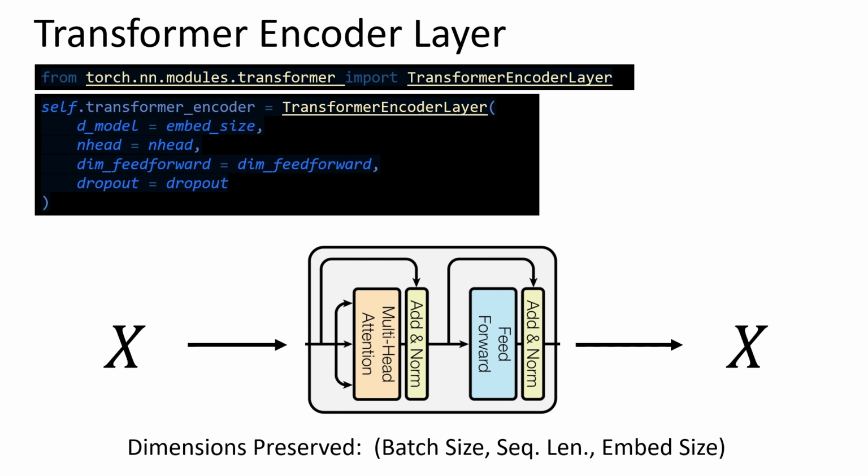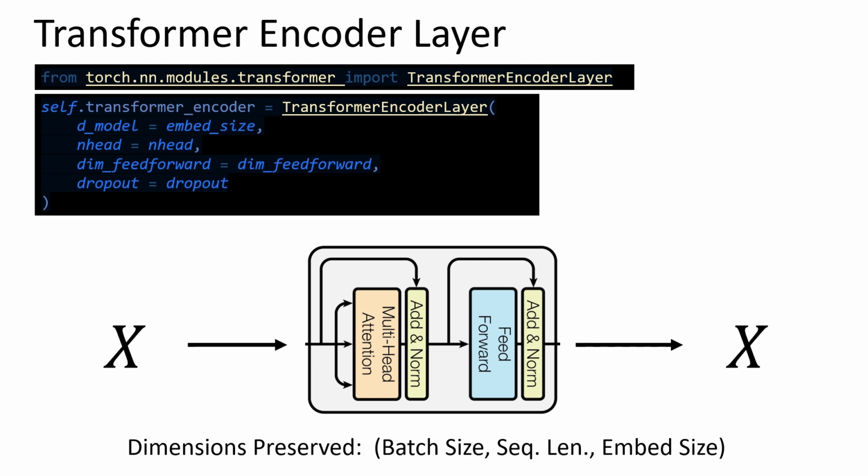The next is the number of heads in the multi-head attention step, which controls the size of our multi-head attention. The dim_feedforward parameter controls the size of our feed forward component in the transformer encoder layer. And then the dropout is just standard neural network dropout, which I'll speak a lot more to later on.